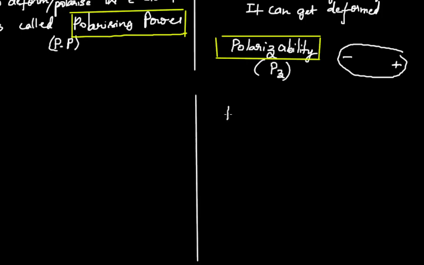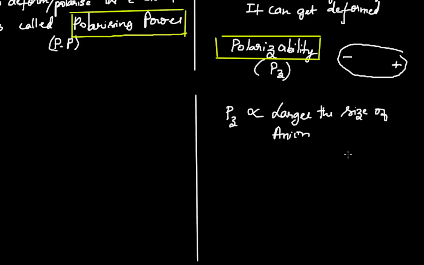Polarizability is directly proportional to the size of the anion: the larger the size of the anion, the greater the polarizability.